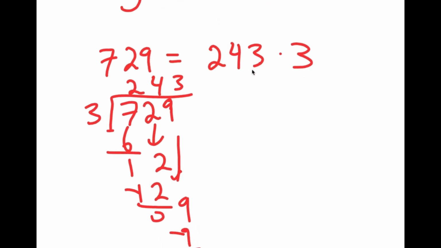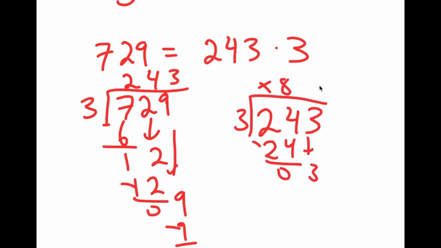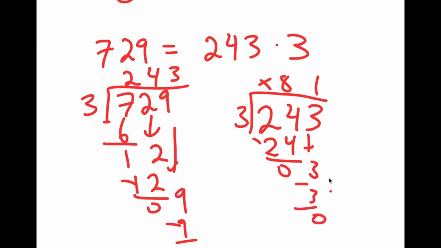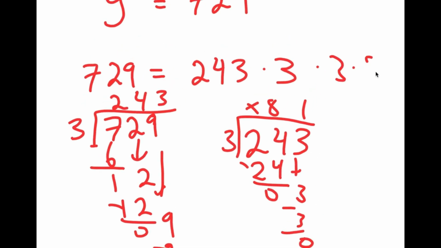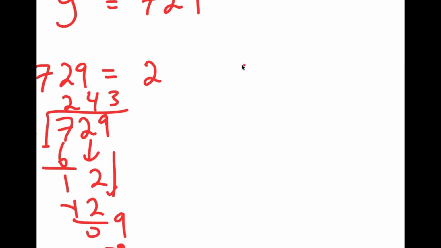Now, 243, if I divide this by 3, I get 81. So I have 3 times 3 times 81, and 81 is the same thing as 3 to the power of 4.